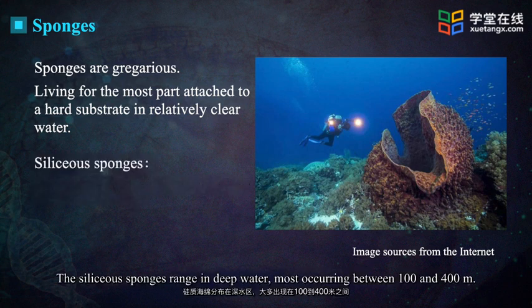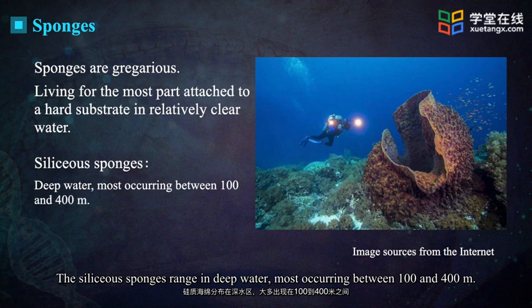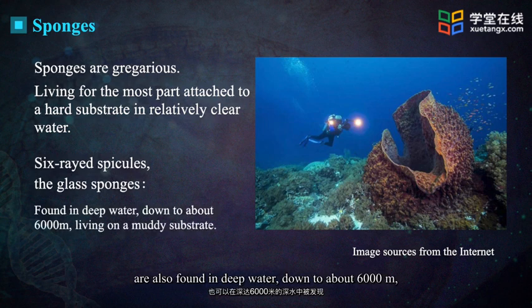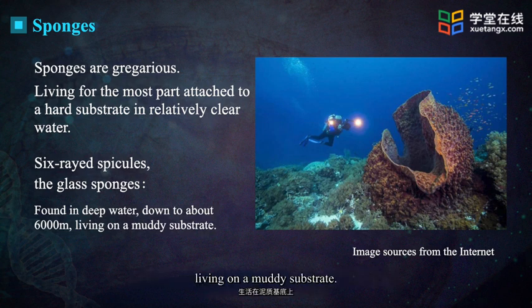The siliceous sponges range in deep water, most occurring between 100 and 400 meters. Those with 6-rayed spicules, the glass sponges, are also found in deep water, down to about 6,000 meters, living on a muddy substrate.